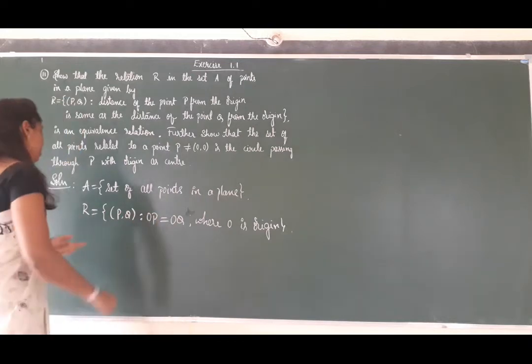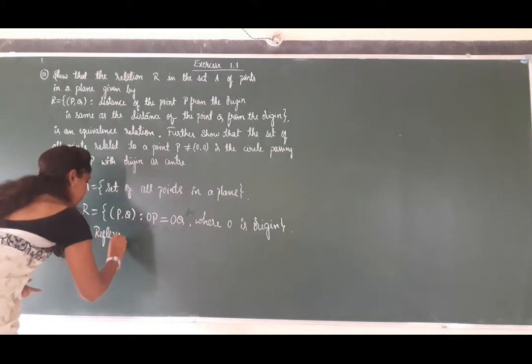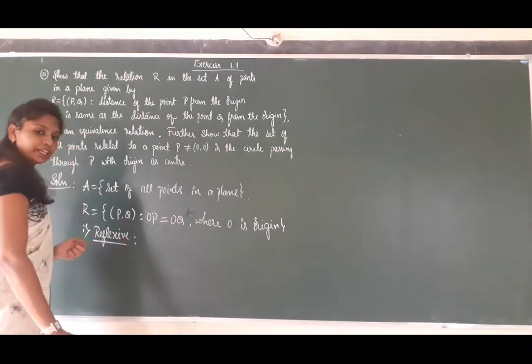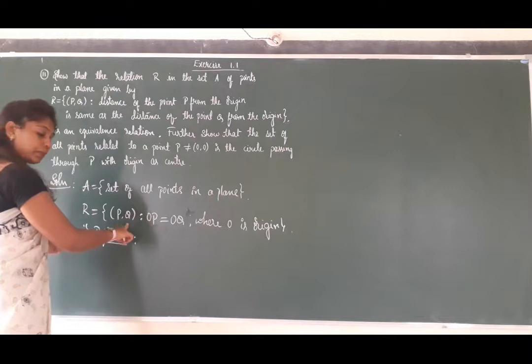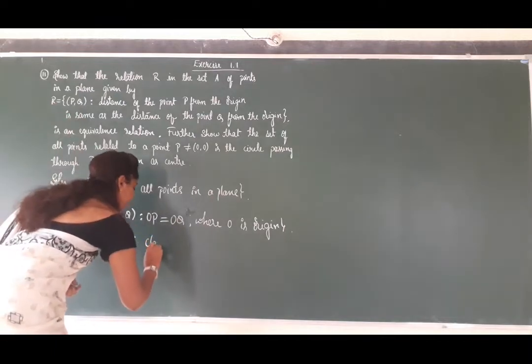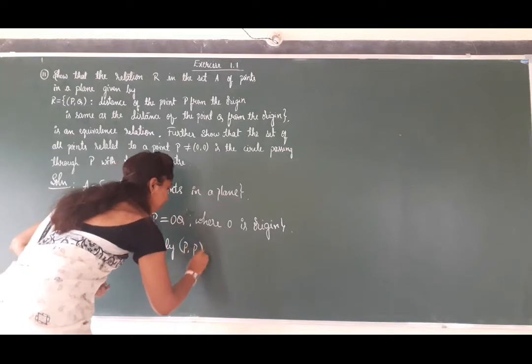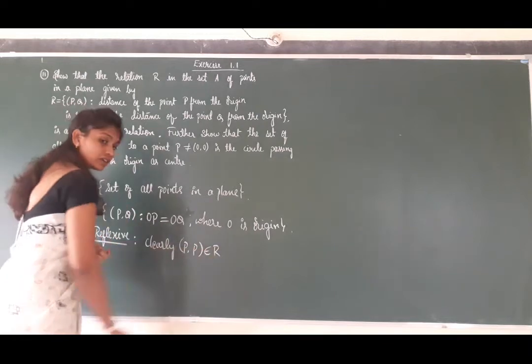Is it clear? First of all, I will take the reflexive condition. For reflexive, I will take an element P, and in the place of Q, I am taking the element P only. That is, obviously, the ordered pair (P, P) belongs to R. Why does (P, P) belong to R?